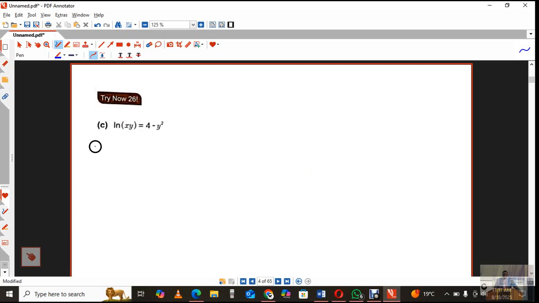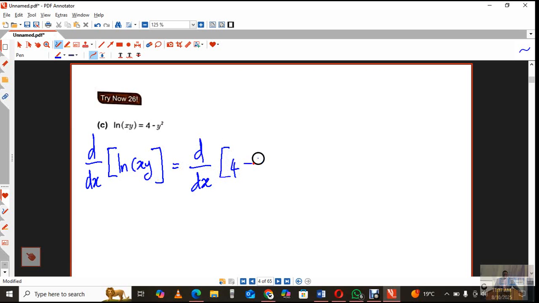So this is d by dx of the natural log of xy equals d by dx of 4 minus y squared. Okay, hope we are together so far. Then if you remember the natural log, how do you take the derivative of a natural log?